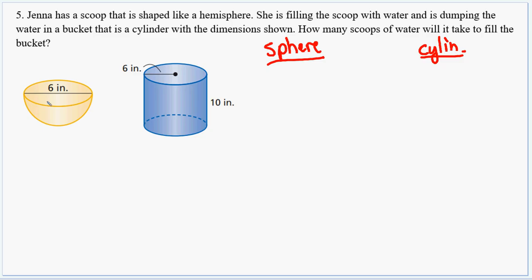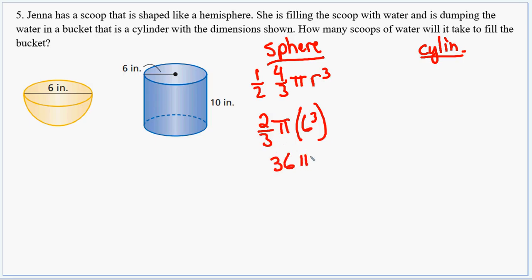So our sphere is actually a hemisphere. So that's going to be a half times 4/3 times pi r cubed. A half times 4/3 is 4/6, or 2/3, times pi, times the radius 6 cubed. So that turns out to be 36 pi.